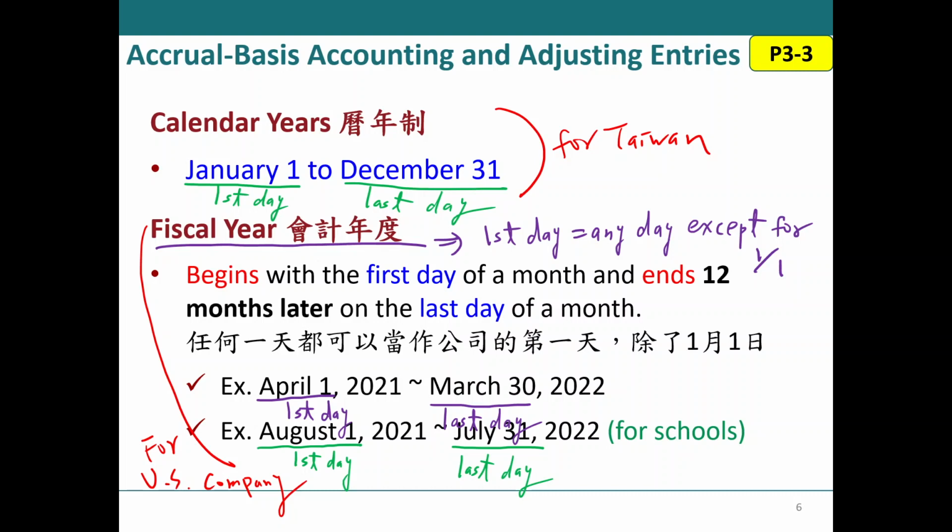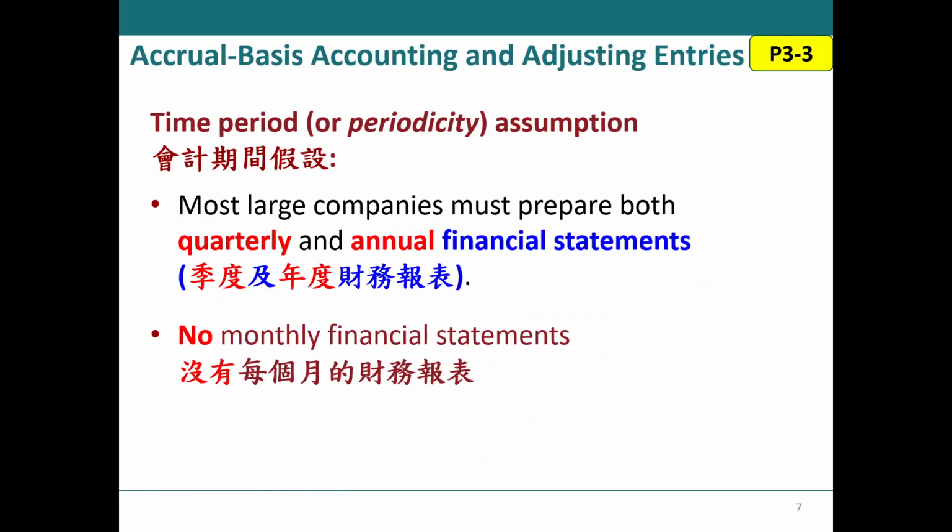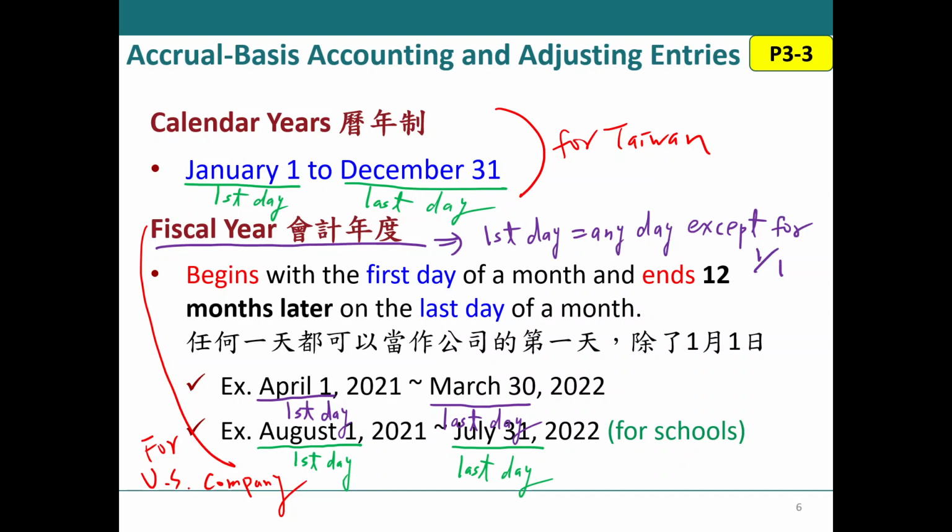So based on that, you will note that even for the whole year, different companies start from different dates if you are a US company. Okay, based on this, don't forget, our accounting output is what? Full financial statements, right?